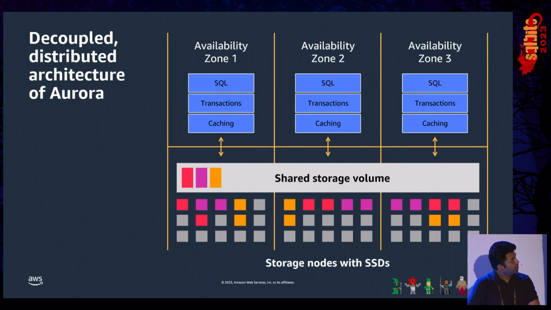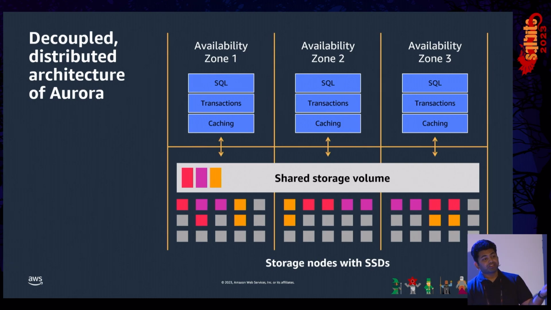Going a little deeper into the Aurora architecture, this is where Aurora thought differently, decoupling the compute from the storage. The storage is what is called the cluster volume, and Aurora replicates the data up to 6 times.